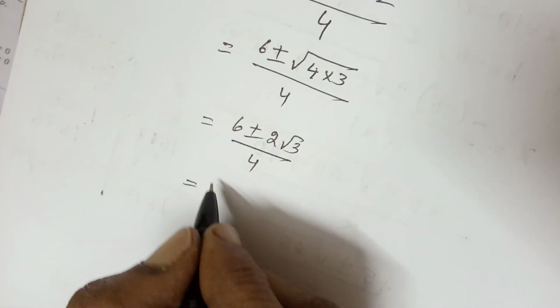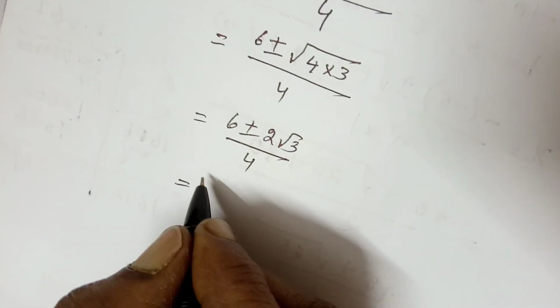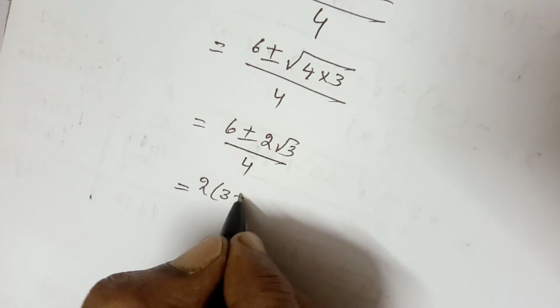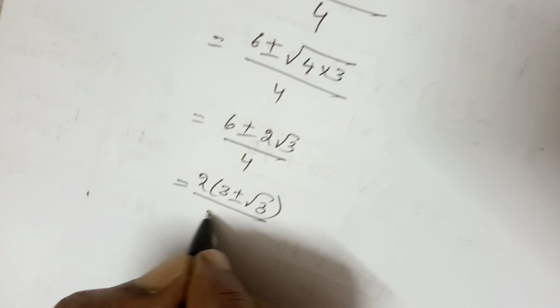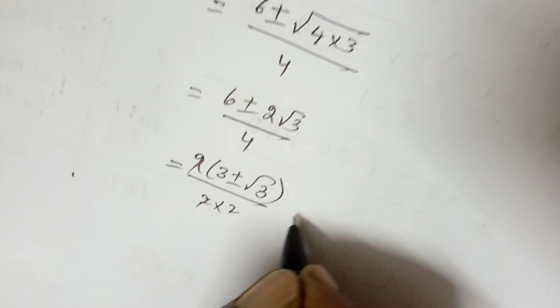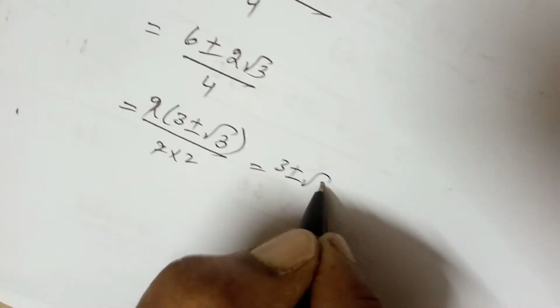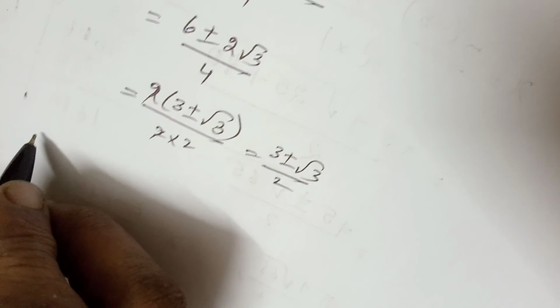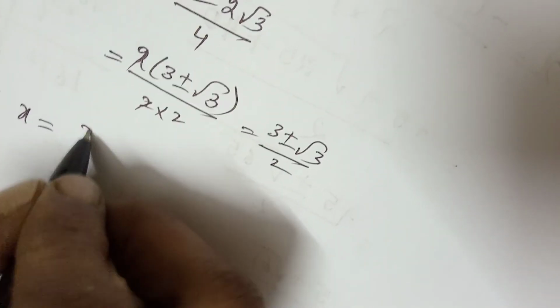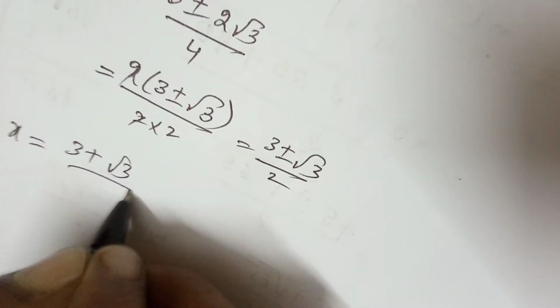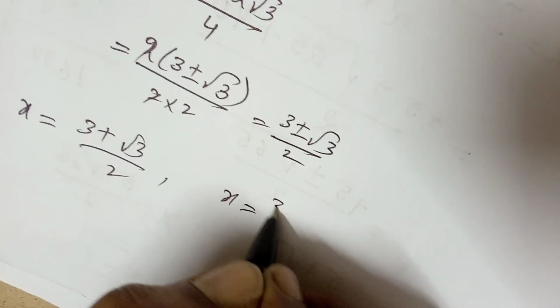So you can actually simplify this one. 2 is common. So 3 plus or minus root 3 by 2. Therefore x is equal to 3 plus root 3 by 2 and x is equal to 3 minus root 3 by 2.